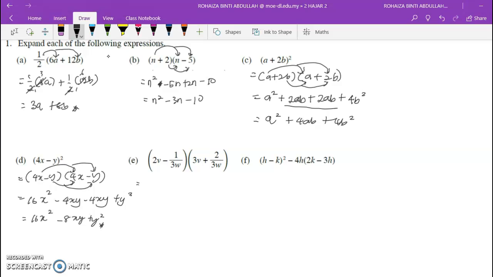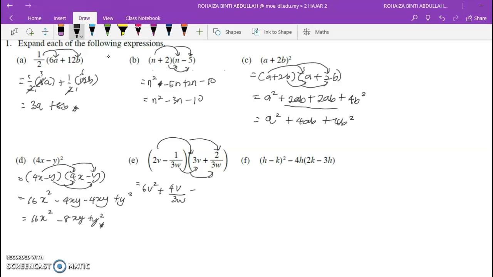Okay, question E. Okay, we use equal step, yeah? 2v multiply 3v, 6v square. 2v multiply 2 over 3w, so plus 4v over 3w.